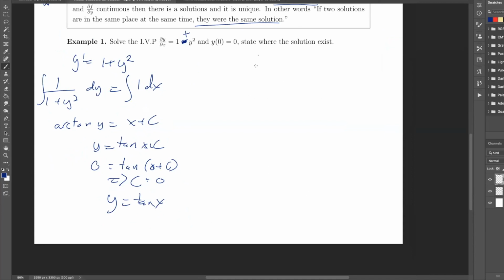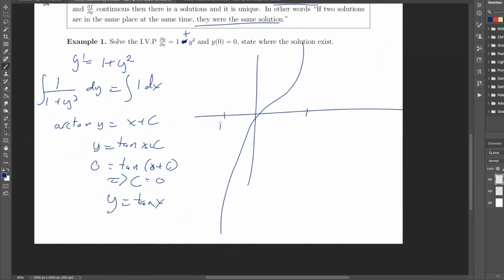But let me show you something. Here, y equals the tangent of x, and the reason I want to show you this problem is this: here's tangent of x.